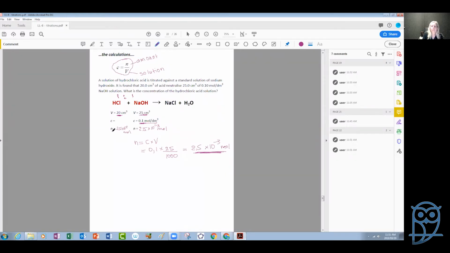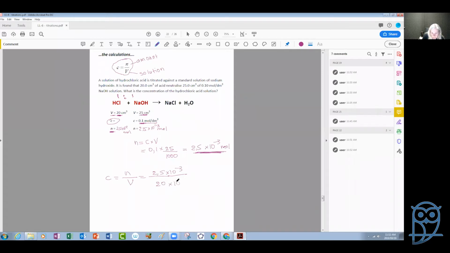So now we know the amount of the acid, we know its volume because this is what we measured, and we can find now its unknown concentration. So now the concentration of this acid is amount divided by volume. So this is 2.5 times 10 to the power of minus 3 moles divided by its volume, which is 20 cubic centimeters.